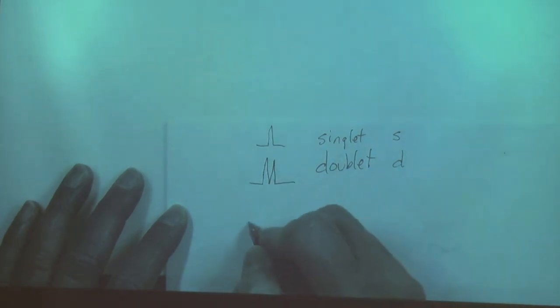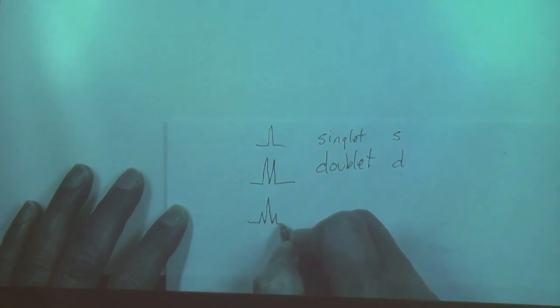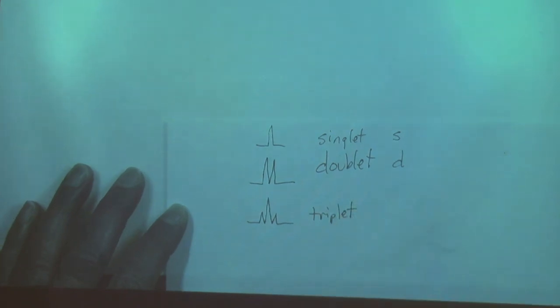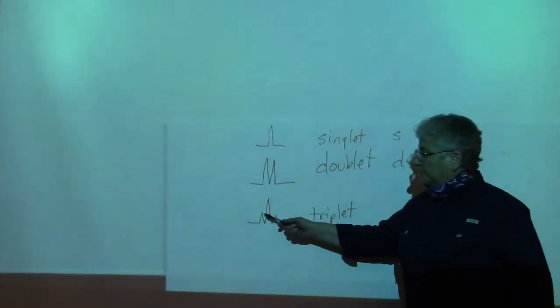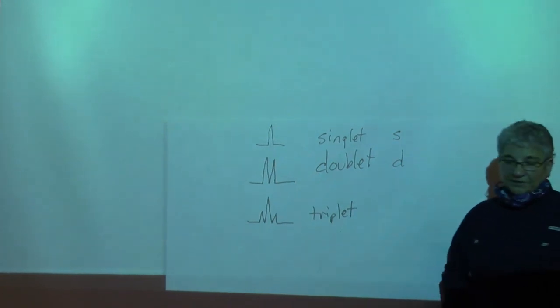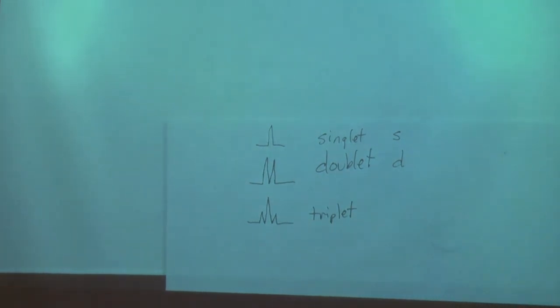A triplet is three peaks in an approximate ratio of 1 to 2 to 1. And we represent a triplet with a T.